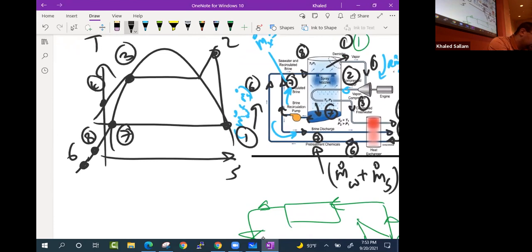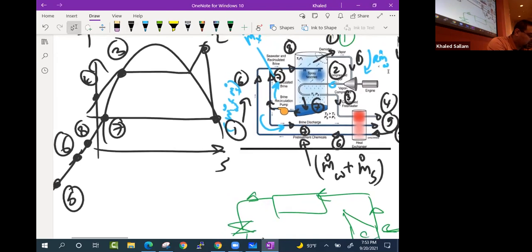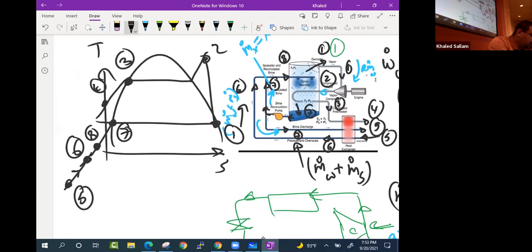So 6 must be here, lower than 8. And 8 must be lower than 7 because it gets heated to become 7. Right? And where did 6 come from? 6 came from 5. Make sense? So 5 became 6, and 6 mixed with 7 to become 8, and 8 gets heated to become 7 and 1. 1 gets heated to become 2, then cooled to 3, and cooled to 4.